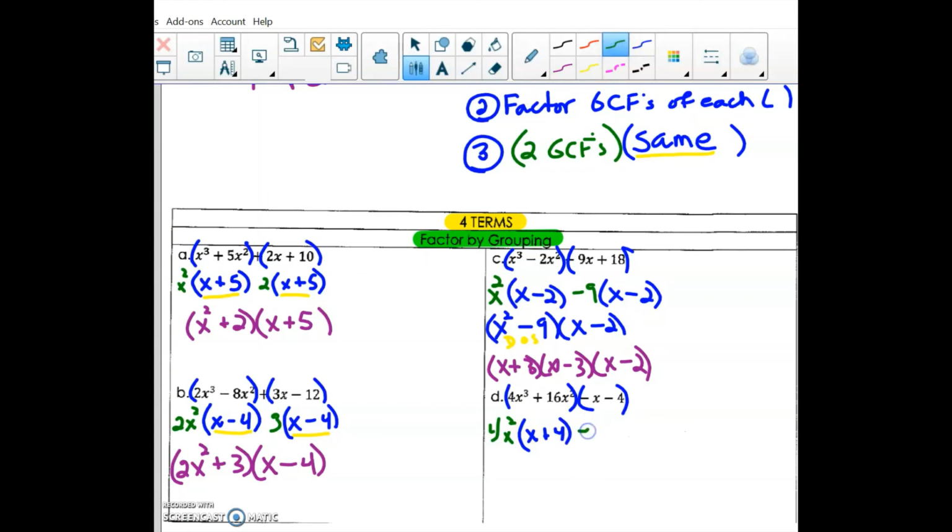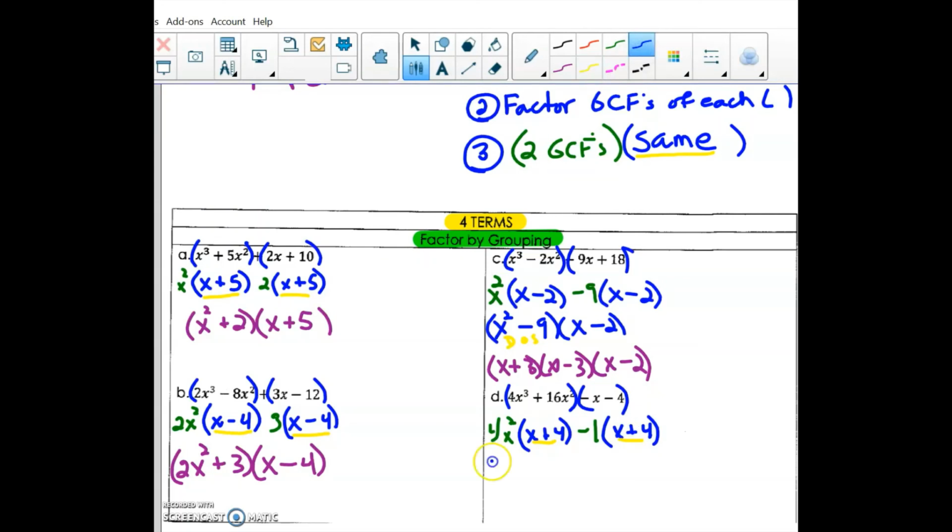GCF is negative 1. There's always a greatest common factor, even if it's a 1. In factor by grouping, you have to pull out a GCF. By pulling out a negative, it changes both of those signs so that the two parentheses are the same.